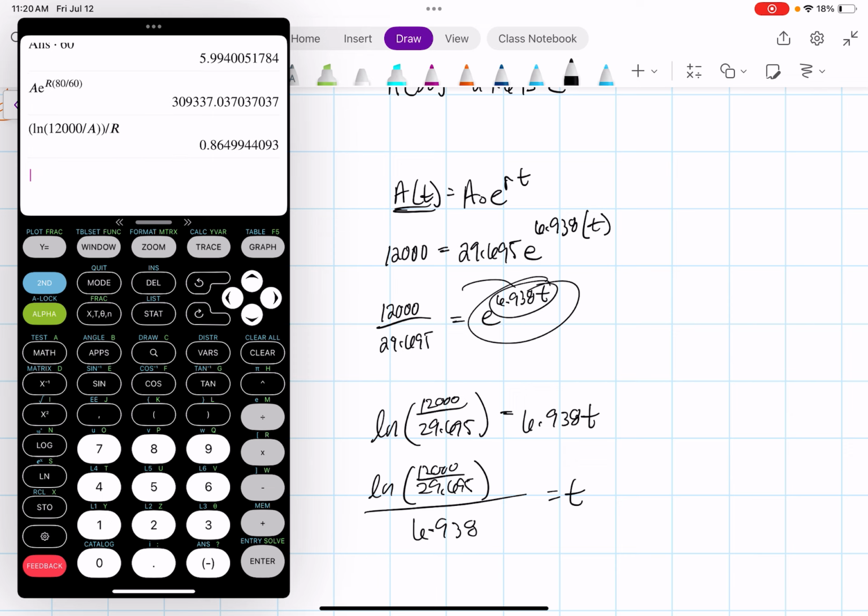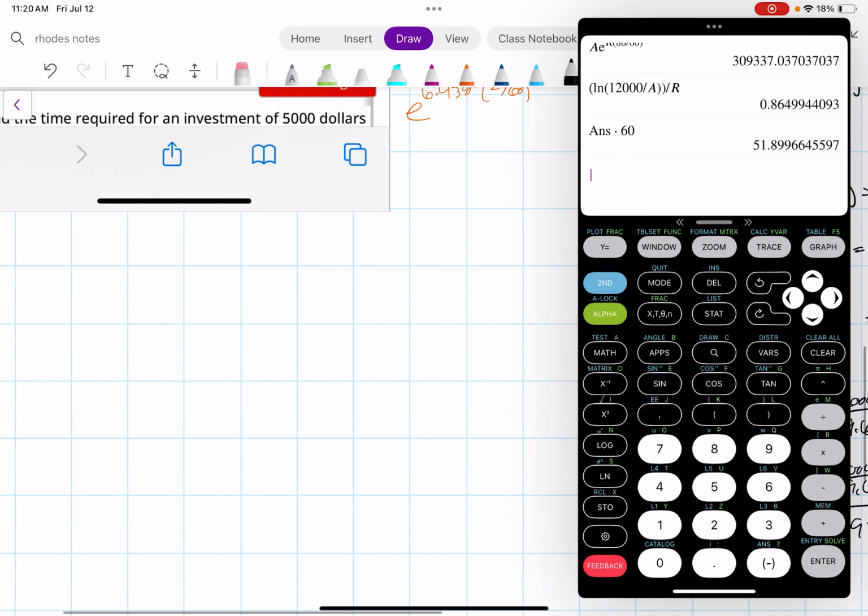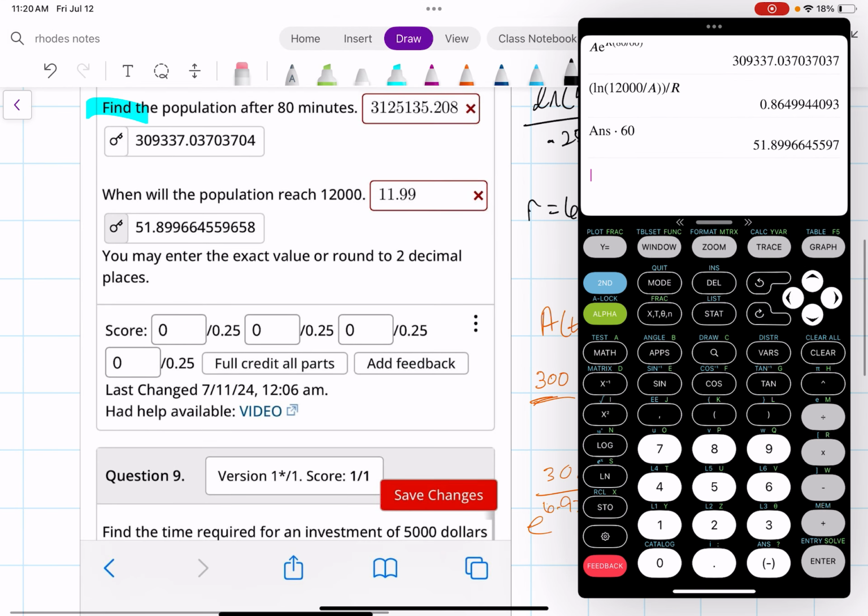Hit enter, gives me that number. Remember, that's hours. So I'm going to multiply that by 60 to get my minutes, and we see the 51.899 that they're looking for there.